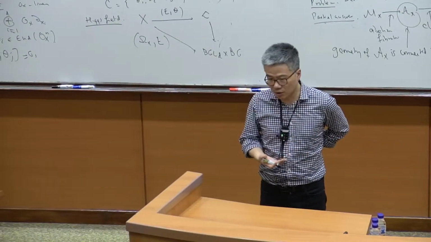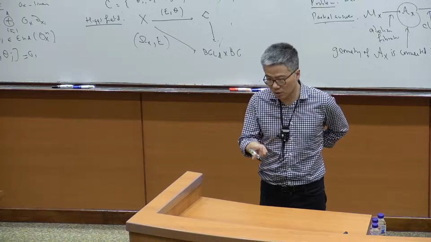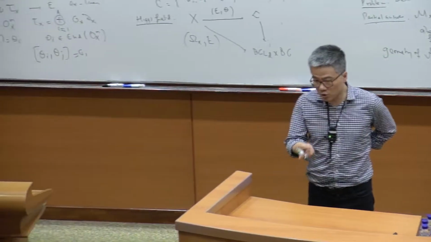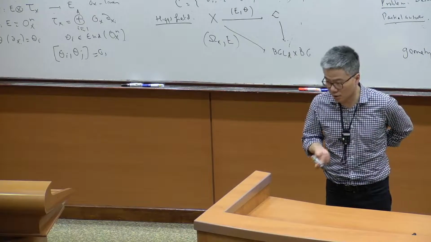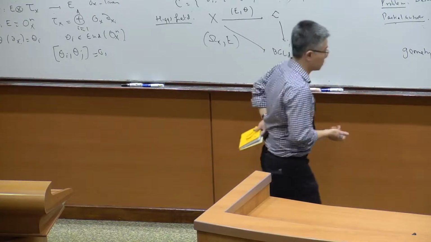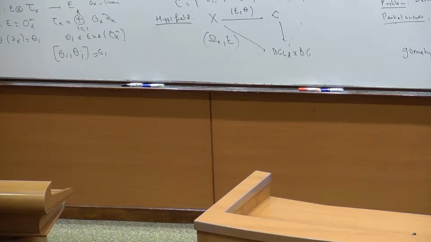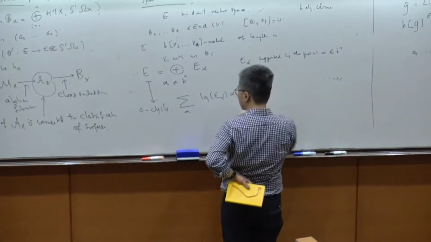The most naive version is, in the vector space, just remember the eigenvalues and their multiplicities. That's it. You forget about everything else. And this thing is in the Chow scheme, which here is very simple.